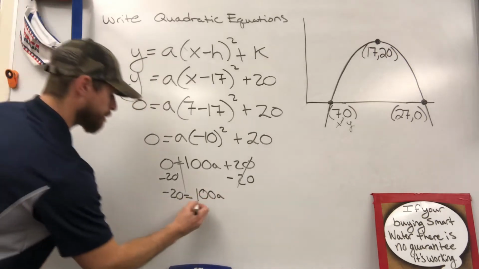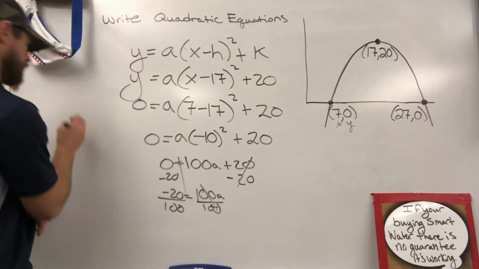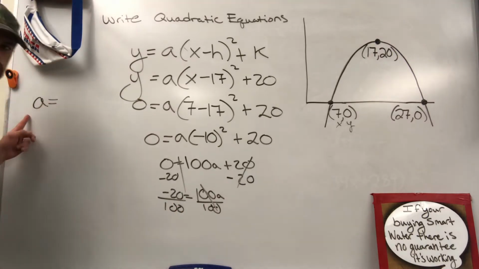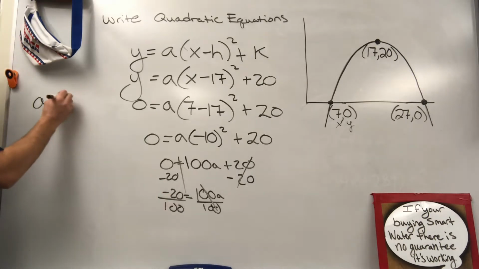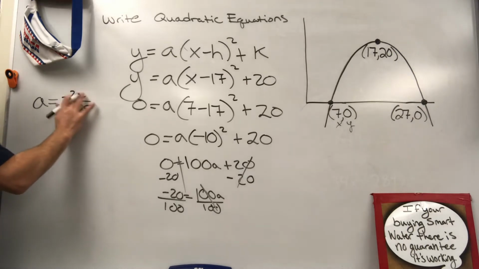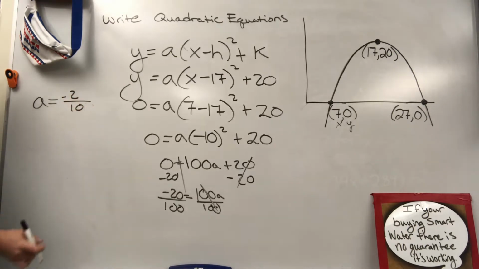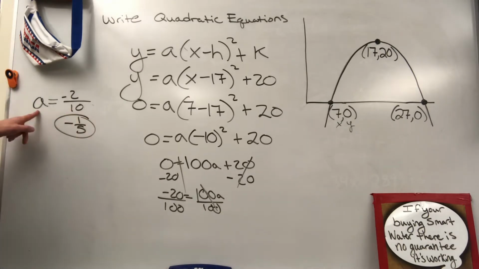So I get a equals negative 20 divided by 100. Negative 20 divided by 100 is going to be equal to negative 2/10, or negative 1/5. That's what I'd be using right there for a.